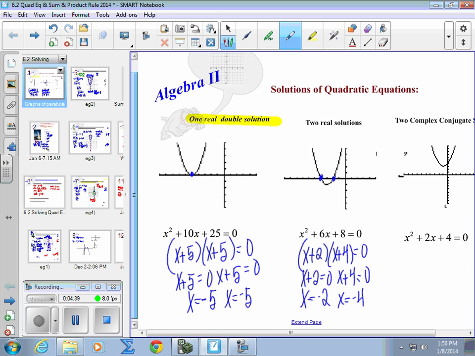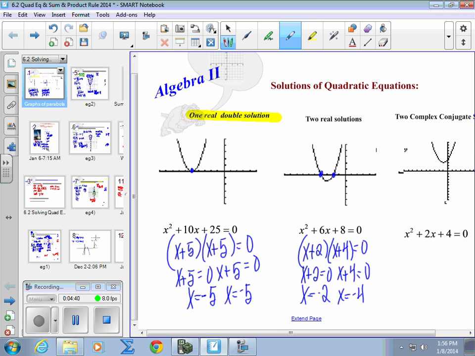And lastly, we have up here a curve that never touches the x-axis. The equation for this particular problem is x squared plus 2x plus 4.